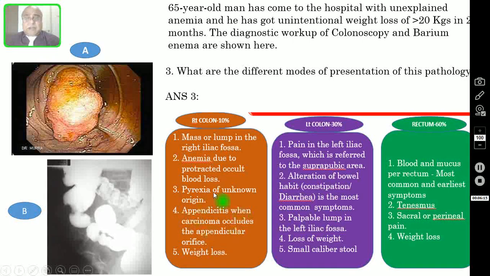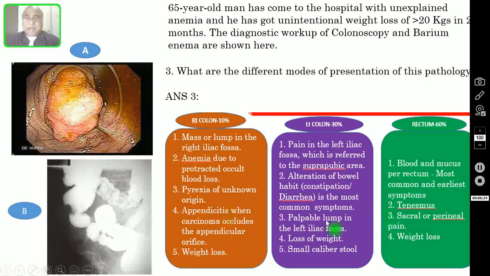So whenever you encounter a patient with appendicitis, especially an elderly patient, you have to rule out carcinoma of the cecum. For example, if the patient is above 50, 60 or even 70, you must exclude carcinoma of the cecum.